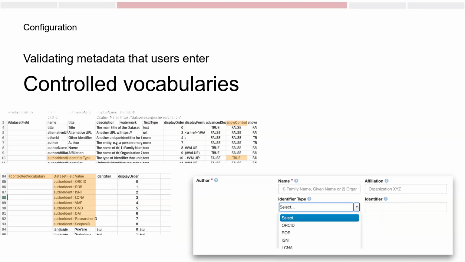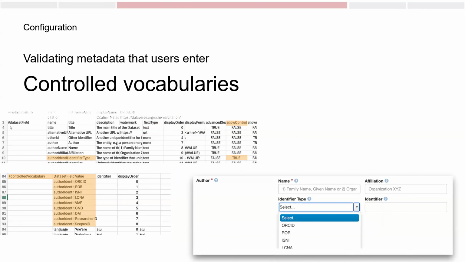Controlled vocabularies are also a way of validating metadata that users enter. A lot of work is being done on this. I'll go over some of it now. We can use the metadata block TSV file to add terms that users must pick when they interact with the metadata field. Here we have the identifier type field.